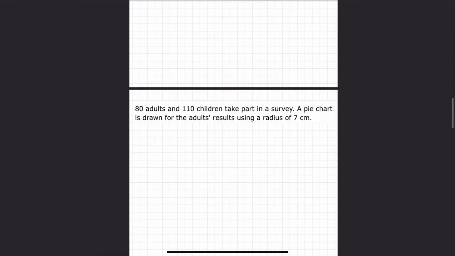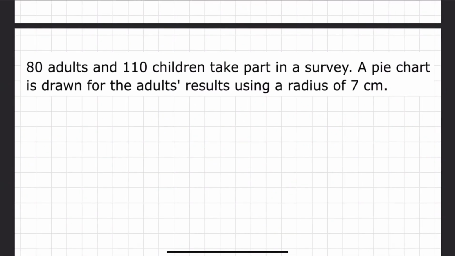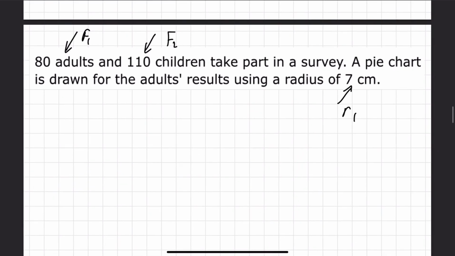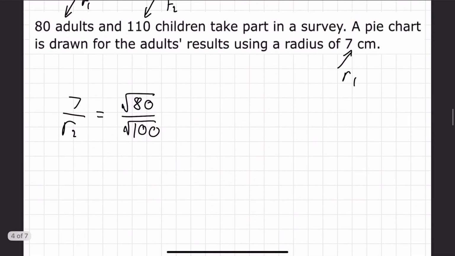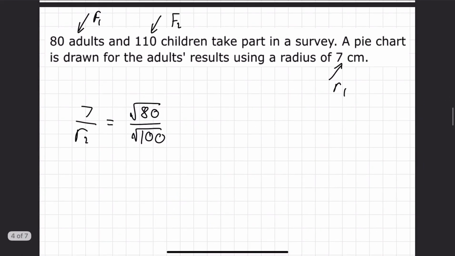So let's do another question. We've got 80 adults and 110 children. So we've got our frequency 1, our frequency 2, and we've been given a radius of 7. So we have our R1 for adults, and we're trying to find the radius for children. So we have R1 over R2 equals the square root of F1 over the square root of F2. Now to find R2, you just do some rearranging.